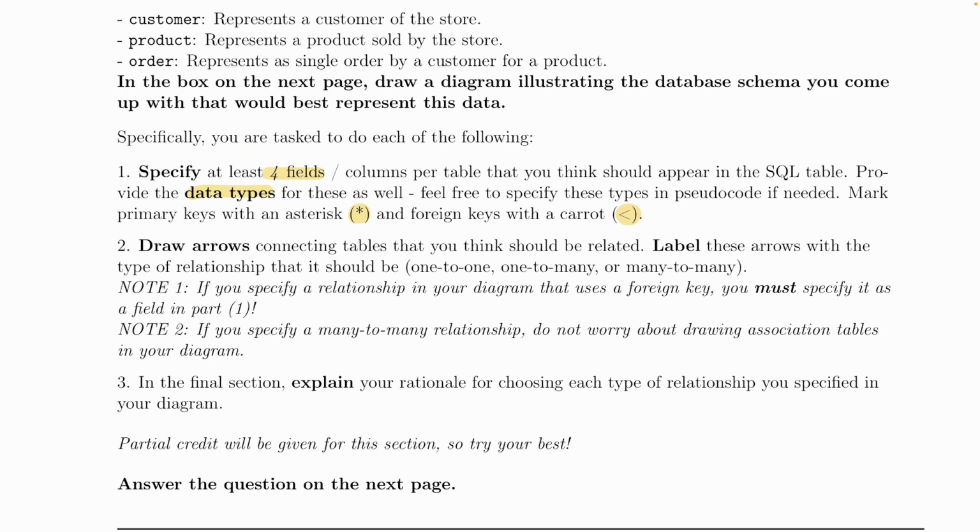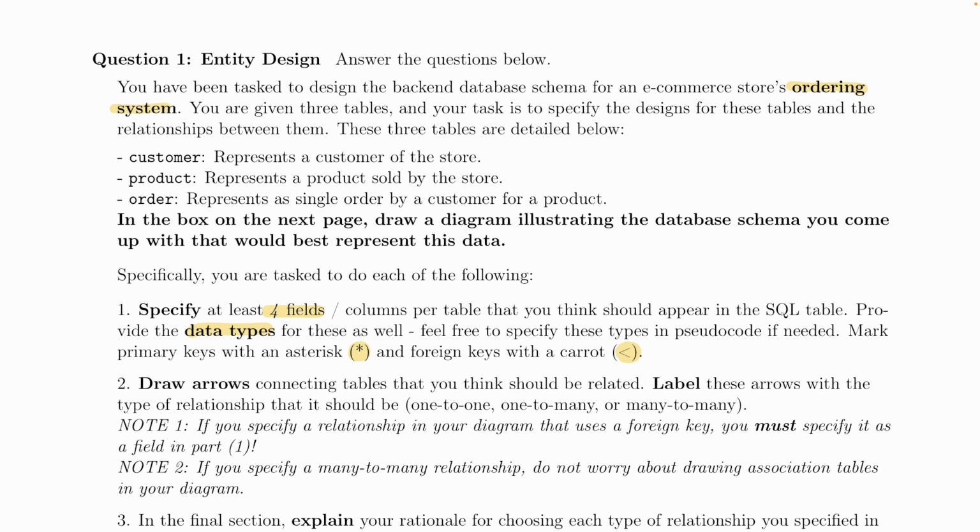So when we're going through these type of questions with customer, product, and order, I think a good place to start is actually thinking about how these might be related and what type of relationships we might have between these tables. Doing that first, rather than coming up with fields, might be useful, because if you need to, for example, have foreign keys in any of your tables, if you know the relationships between the tables beforehand, it will be easier to get all of that set up, right?